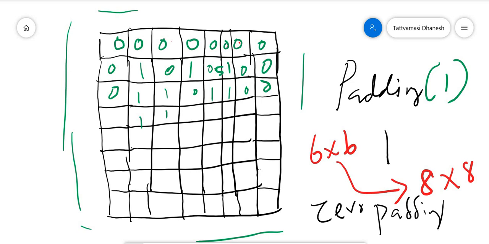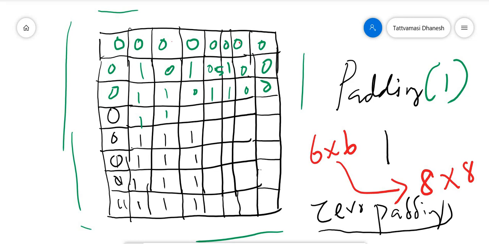Another thing is, in this image, if it is 1 1 in this area, you can introduce 1 also here. That is another way. But the most commonly used method is 0 padding. We will put 0 everywhere here.